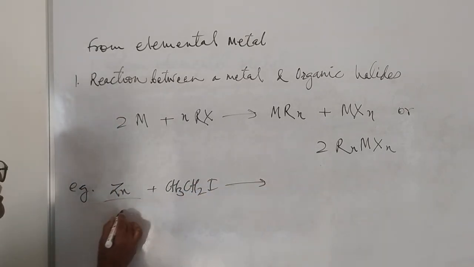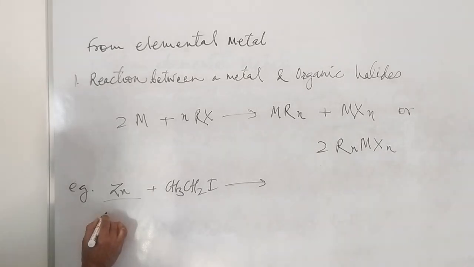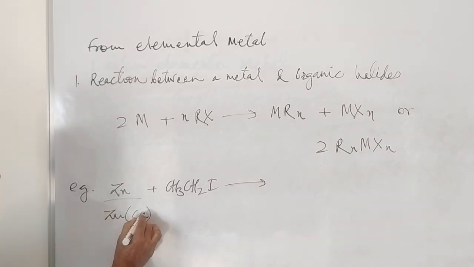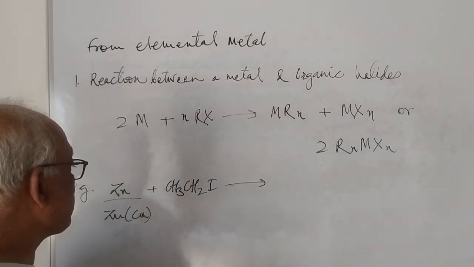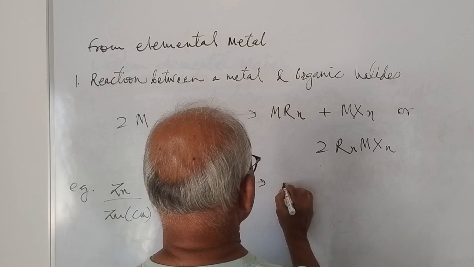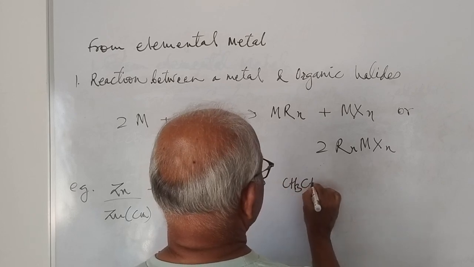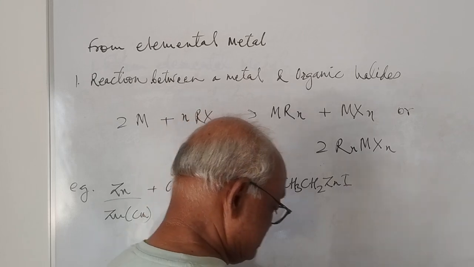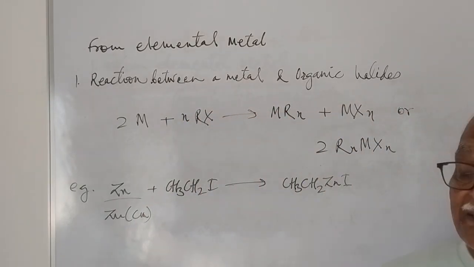This zinc can also be taken in the form of a zinc-copper couple. So it gives CH3CH2ZnI, ethyl zinc halide.